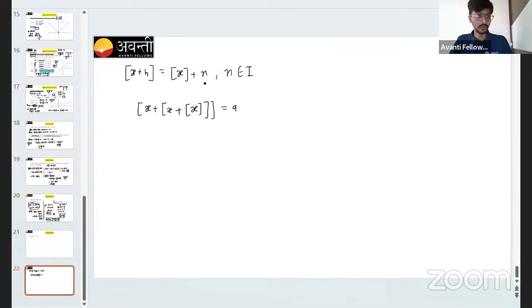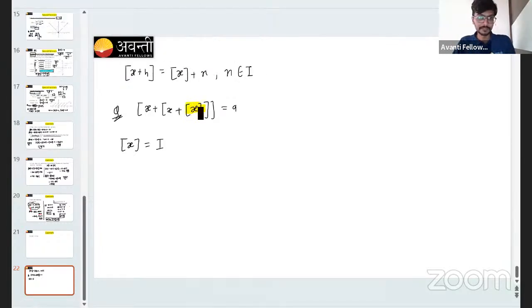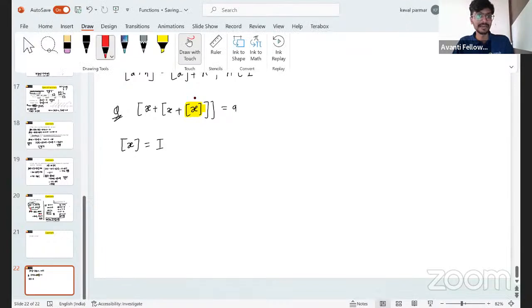And we all know that step of x is always an integer. Step of x is always an integer. So please look here. This is step of x. That means I can consider it as n. Why n?